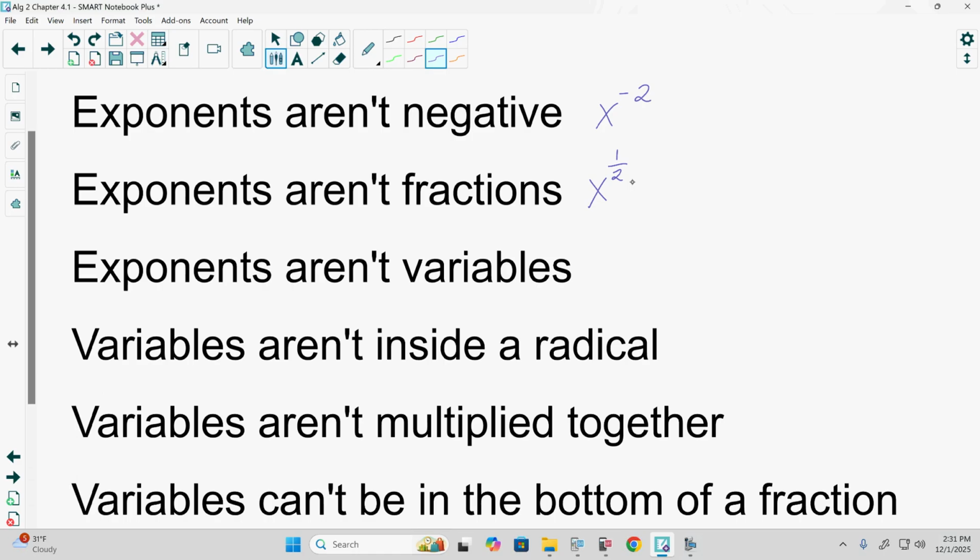Our third one: exponents aren't variables. This doesn't matter if it's a number or a variable. I can't have 2 to the x, and we can't have y to the x.